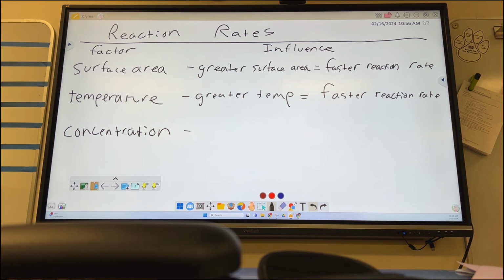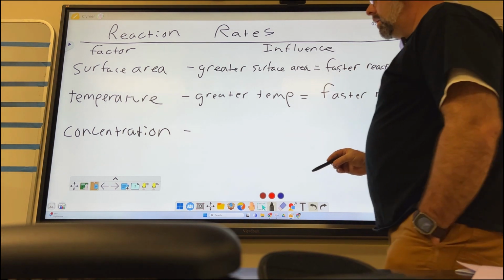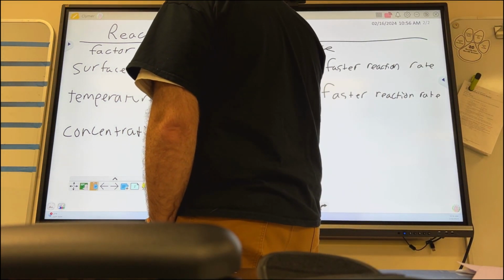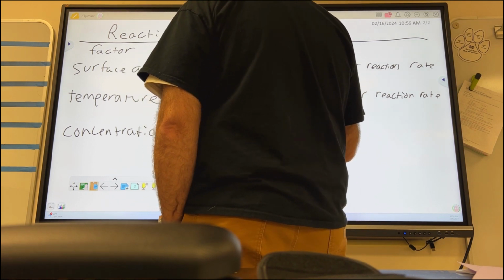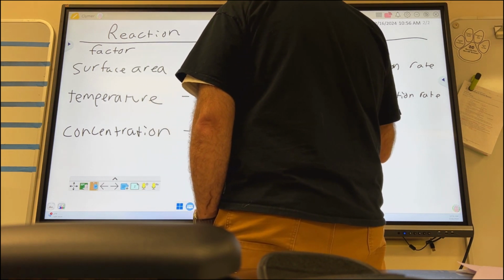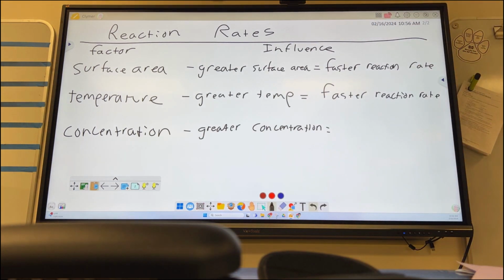Higher potency, faster reaction. So as you did this lab, for those of you that did the vinegar one, the test tubes that had the higher concentration of vinegar, did they react faster or slower? Faster.